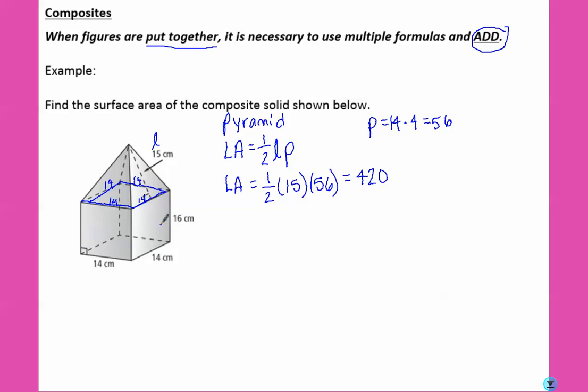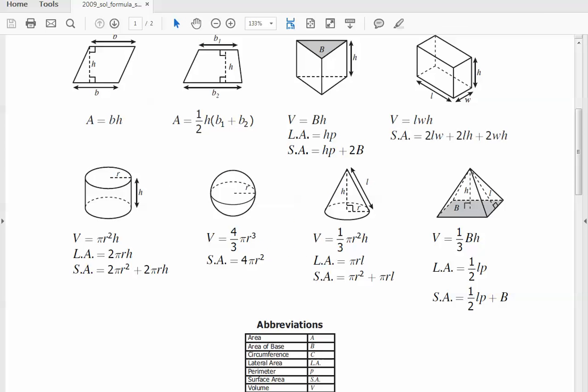Now we need the sides and the bottom of the cube. So let's do the sides first. All the sides are going to be the same, and the area of one side would be 14 times 16, length times width.